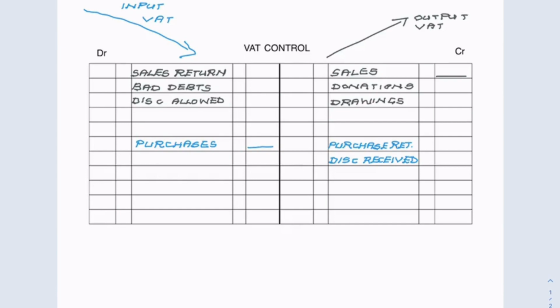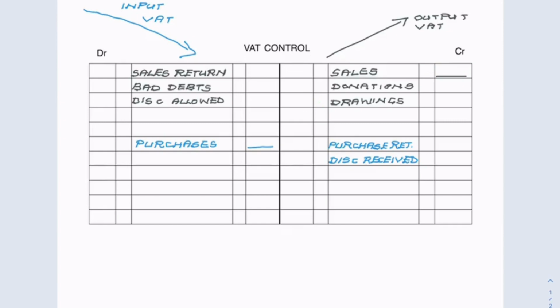And you can well ask, but why? The reason is when you purchased whatever the goods are that you are donating or the owner's taking for own use, you claimed an input VAT on those. They are not being sold, so SARS is not receiving the output VAT on that sale because it's being donated or the owner is taking them.